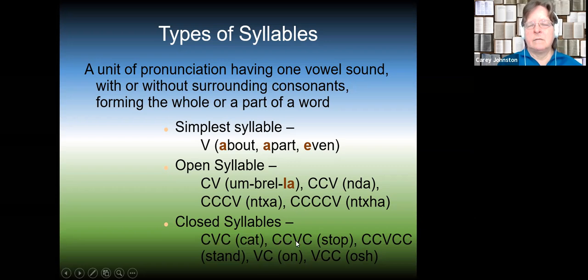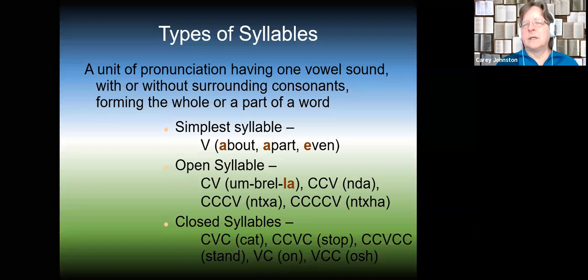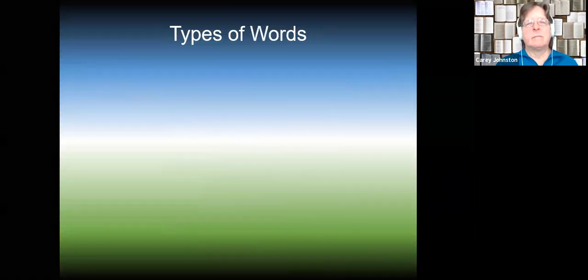Consonant, consonant, vowel, consonant, stop. So you can see you can have various formations of closed syllables. And this becomes particularly important for us to understand about a particular language, how it forms its syllables, when we come to breaking down the words in our word boxes for the primer lessons.